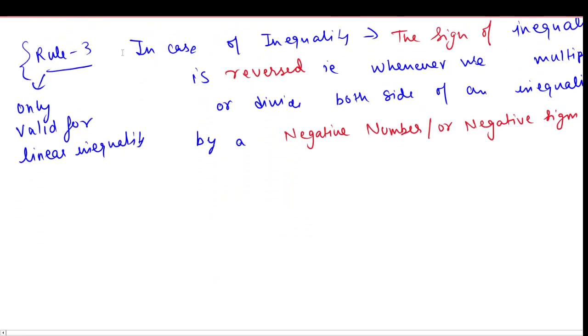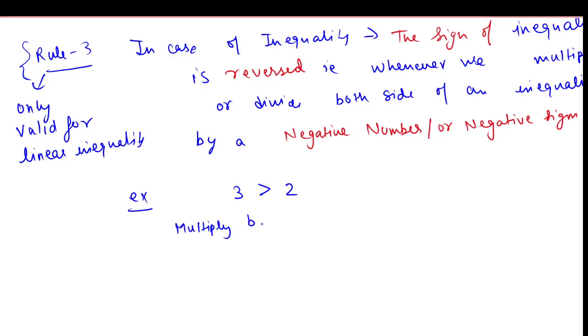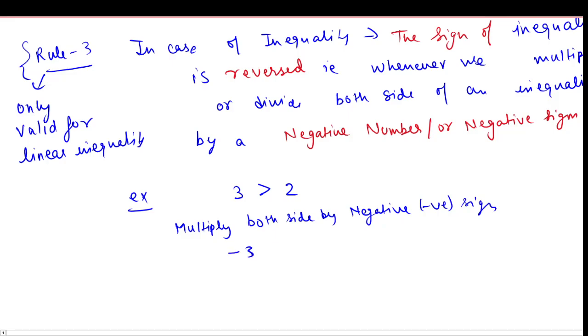For example, 3 is greater than 2. If we multiply both sides by a negative sign, minus 3 is greater than minus 2.